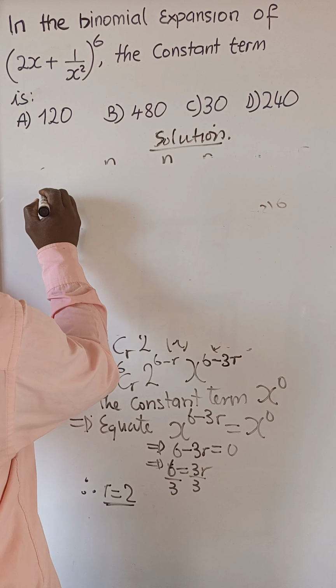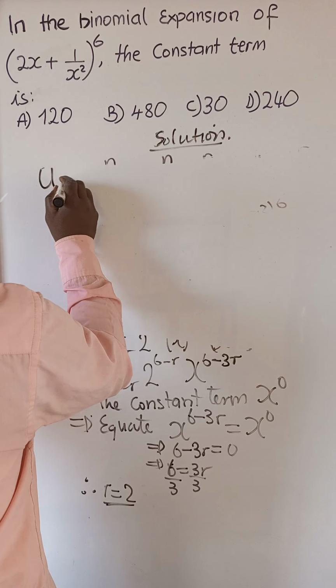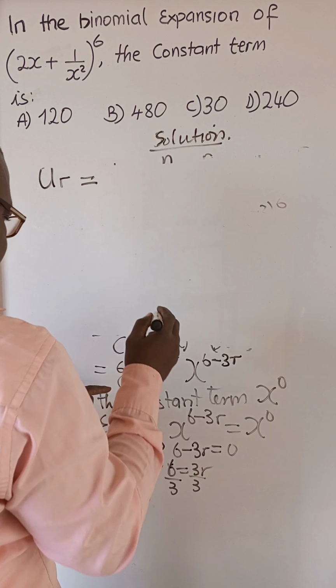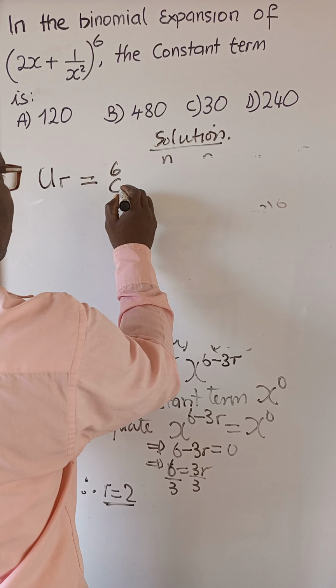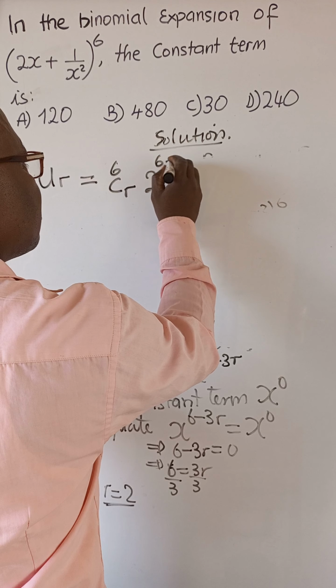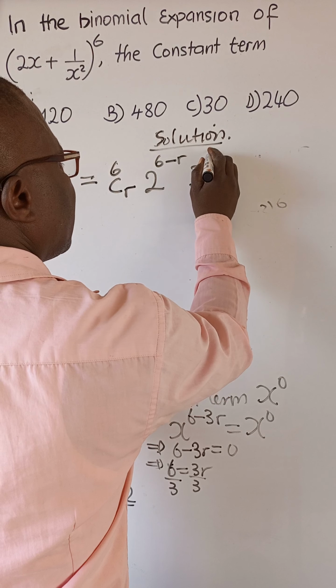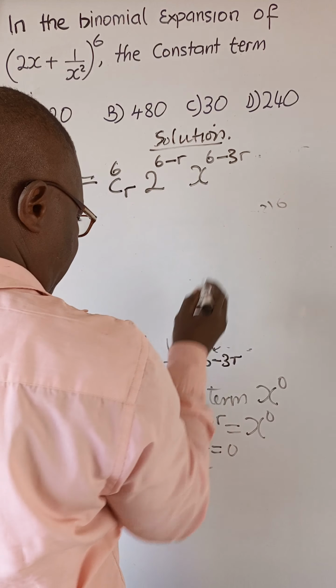Our general term Ur is 6 combination r, 2 to the 6 minus r, x to the 6 minus 3r.